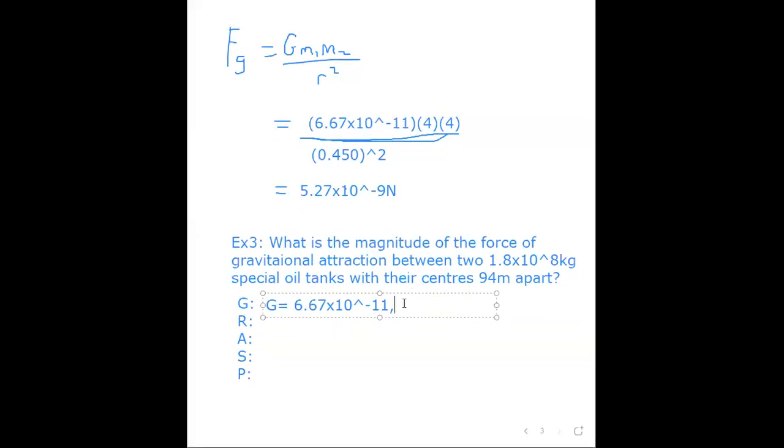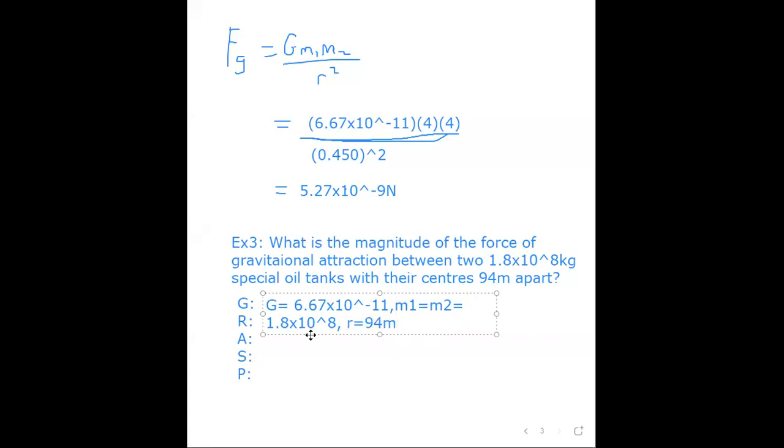I'm just going to separate it by commas. M1, M2, we know it's given, it's 1.8 times 10 to the 8. M1 equals M2 equals that. And then R is equal to 94 meters.